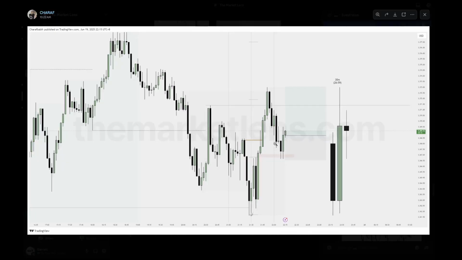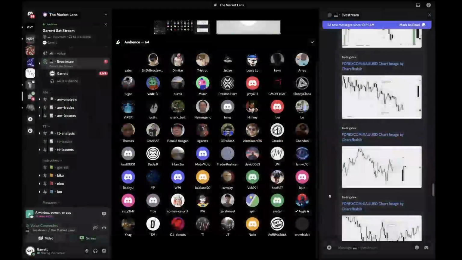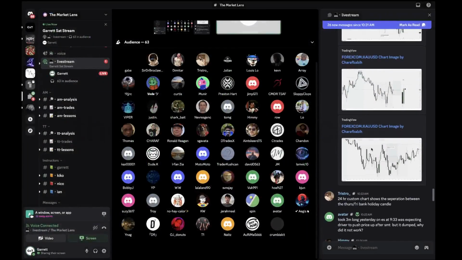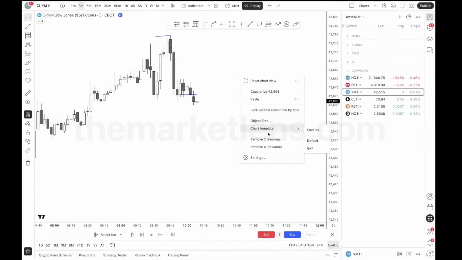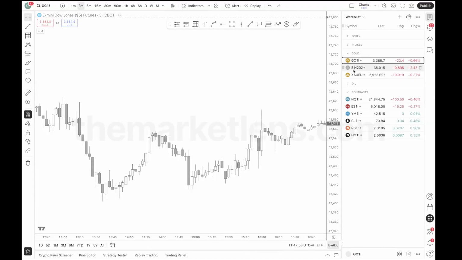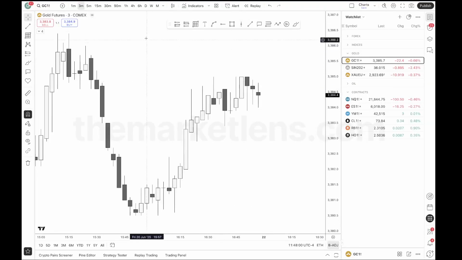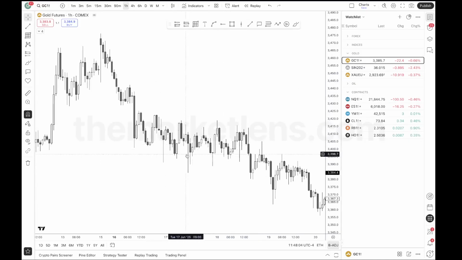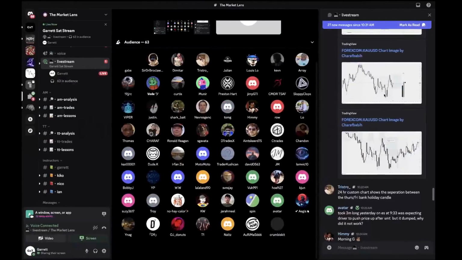Is this Asia? Oh, hell no. There might be your first issue there. Asia session. I mean, a lot of people trade Asia with gold, but I do not. So I'm going to try to find what you're talking about here. It looked like something in here though. That's what it looked like.